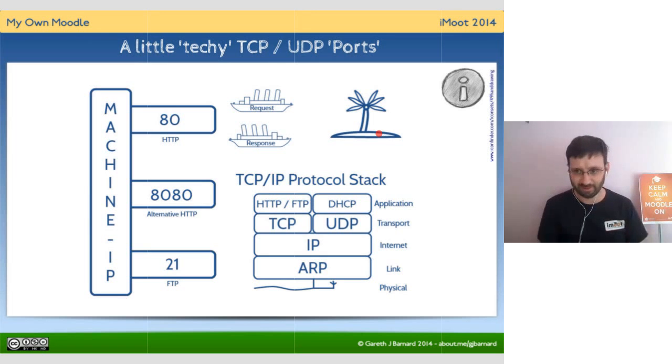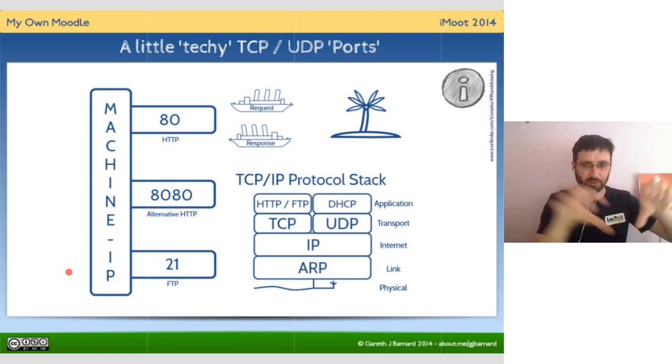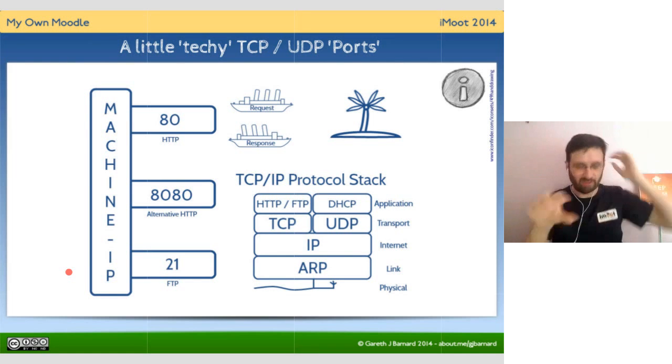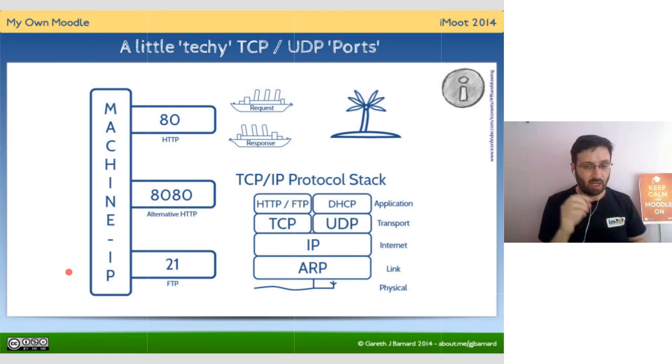You're sat on your desert island with a laptop, you type in the web address, the URL, and it sends a request to get this page. It goes to a machine, which has an internet protocol address. So you type in iMoot, and there's a thing called DNS, the Domain Name Service, which translates your URL into the address of the machine.